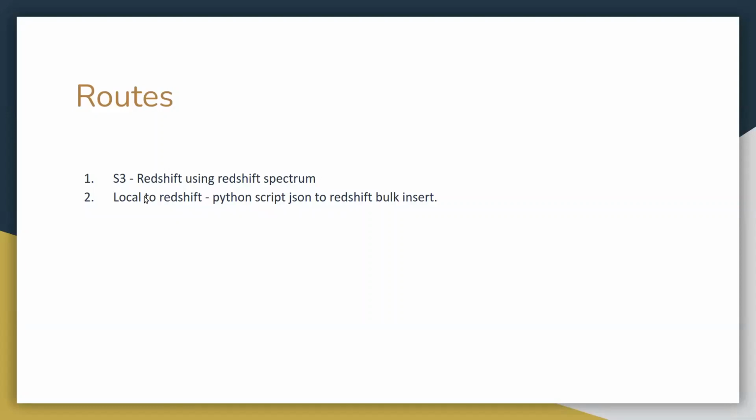Someone may ask, what if the data I have is small and from a local source, or rather, I have an EC2 instance which can do this for me. First of all, let me say what an EC2 instance is for those who have not worked with it. An EC2 instance is just a virtual machine running on AWS. It's possible that you have written a Python script running there, and you're moving data from that EC2 instance or from another local source or a different source, and you want to push that to Redshift.